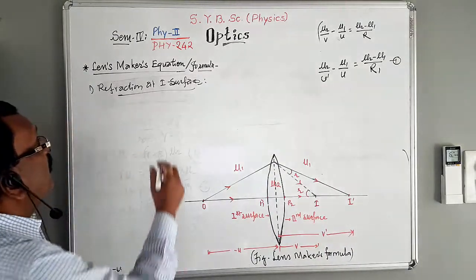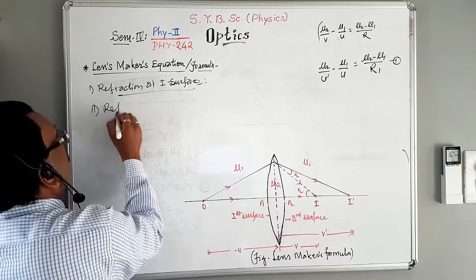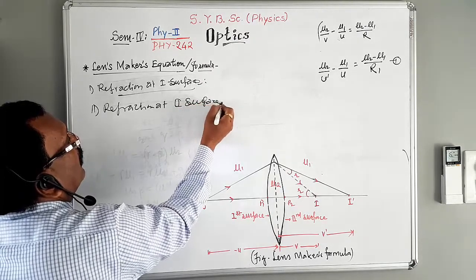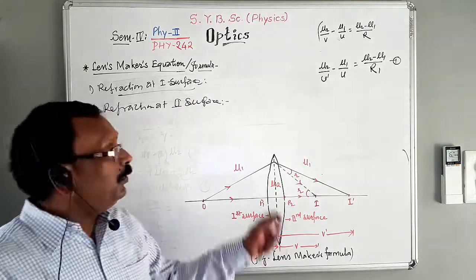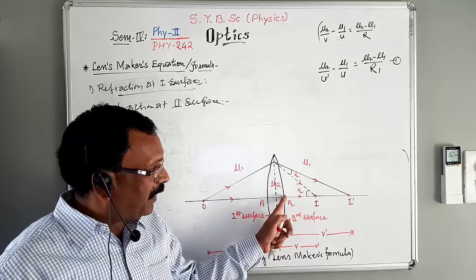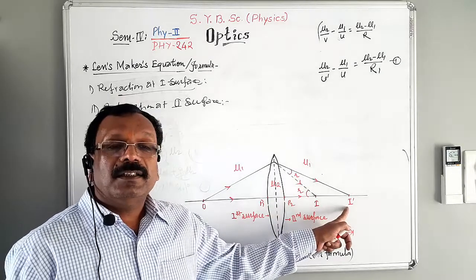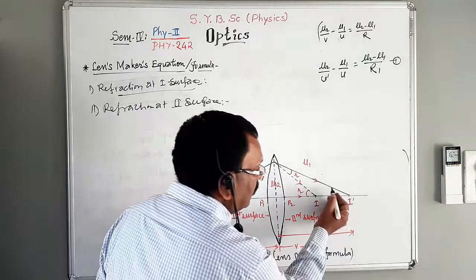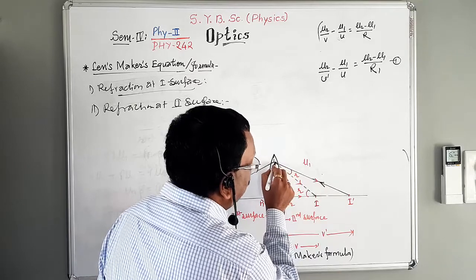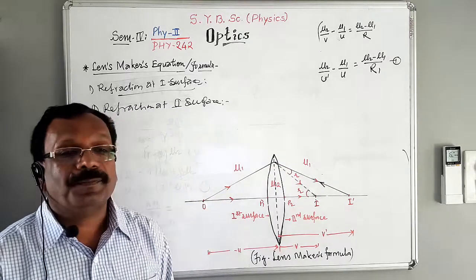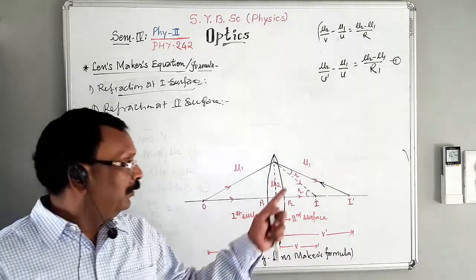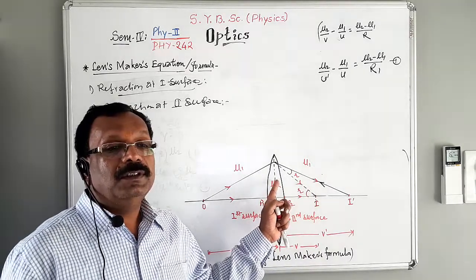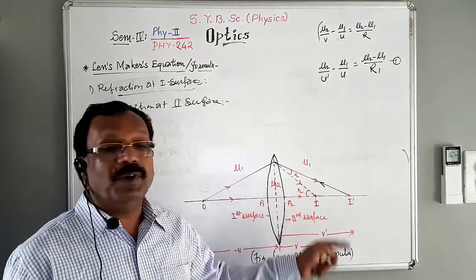Now refraction at the second surface. Due to the presence of the second surface, remember that this real image serves as a virtual object, and hence the rays come from here, reach this point, and refract and come to this point I. Due to the presence of the second surface, the rays pass from the medium of refractive index mu2 to the surrounding medium of refractive index mu1.